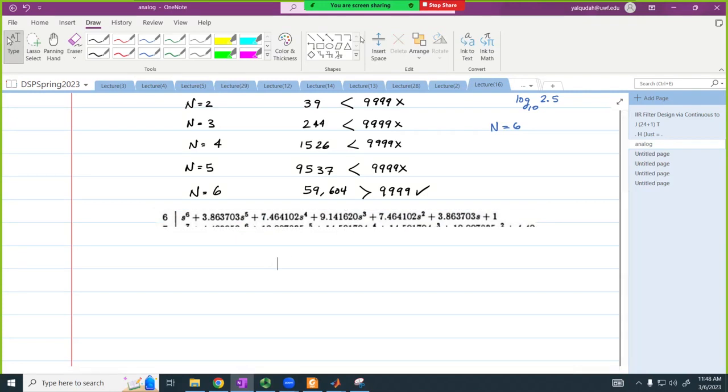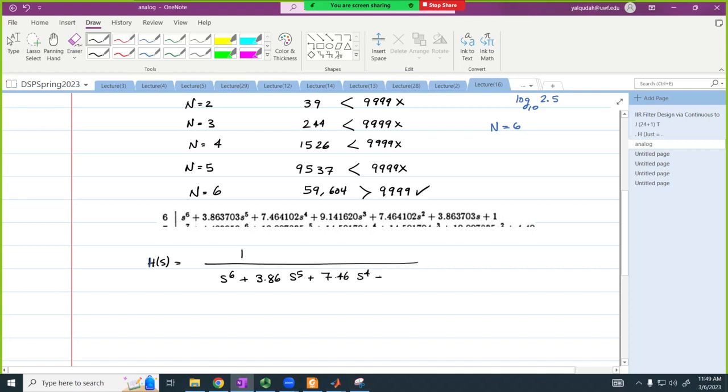And therefore, our H of S is going to equal 1 divided by s to the 6 plus 3.86 s to the 5 plus 7.46 s to the 4 plus 9.14 s cubed plus 7.46 s squared plus 3.86 s plus 1.